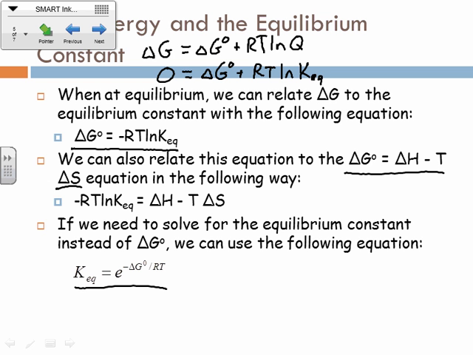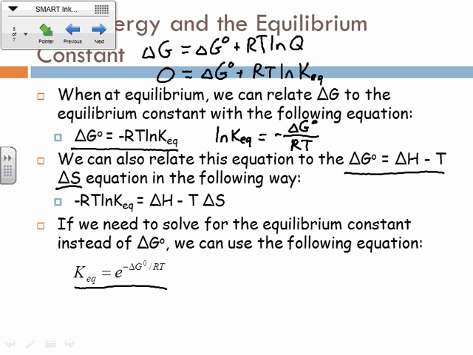But basically, if you've got a natural log, remember, the way we get rid of natural logs is to E everything, okay? So if you're rearranging this, we want to get the ln KEQ on a side by itself, and that's going to be equal to the negative delta G0 over RT, right? Does that make sense, what I just did?